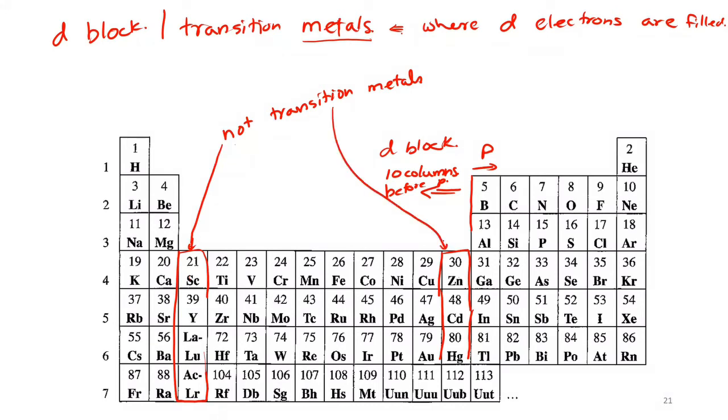Now, this might sound confusing. We say it's the D block or the transition metals, and then we are saying the elements in the first column in the D block and the last column in the D block are not transition metals. One way we can define transition metals is that they lose electrons to form an ion with an incomplete d orbital.